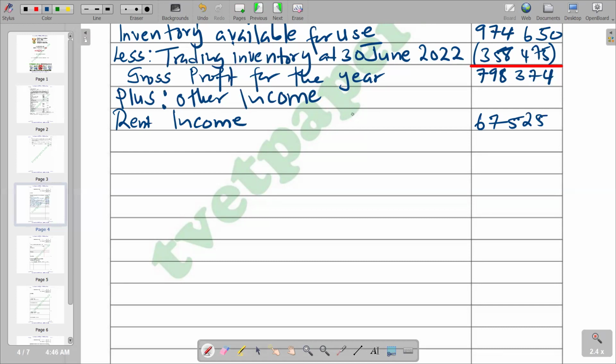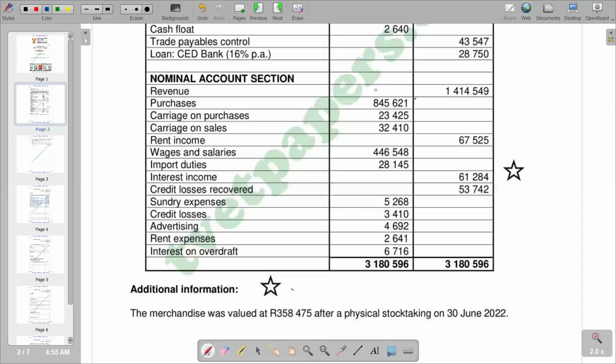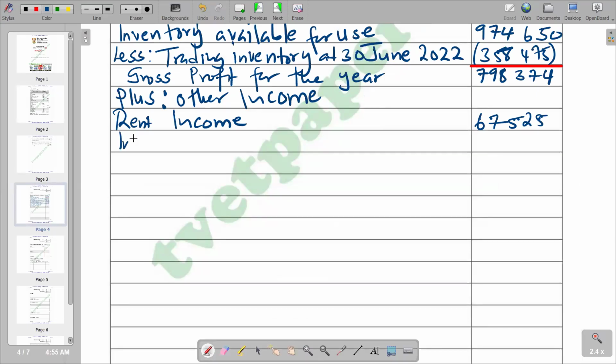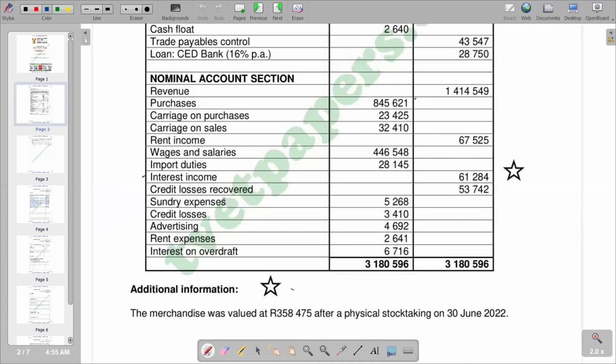So we check again if we have any other income that we have listed. And moving on, looking for other income in the question, you see that we've also got interest income here, which is 61,284. So we can include our interest income. Moving on after interest income, we see that we got credit loss recovered, 1,742.